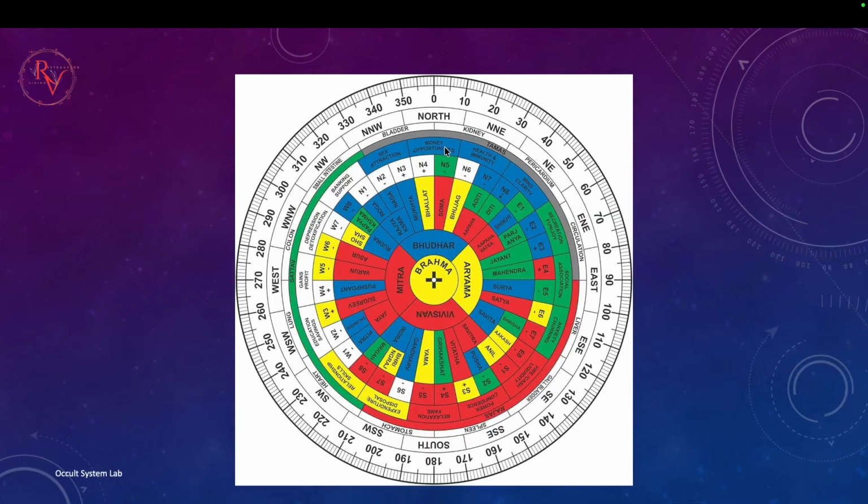Because north is the direction of water, and wavy is represented by water element. So no issue. Let us say in this north direction, you have a couch which is blue in color, or the walls in this north direction are blue in color. Is that a problem? It is not a problem, since it is balanced now.